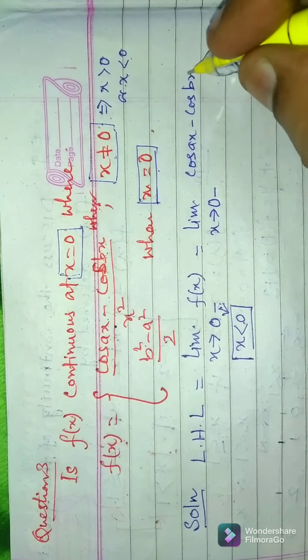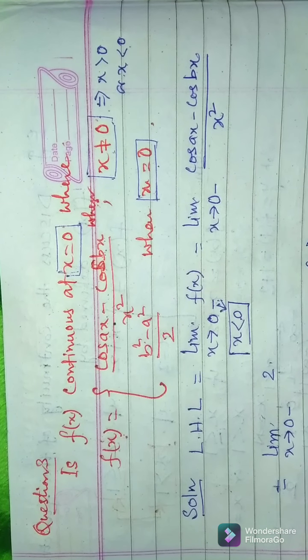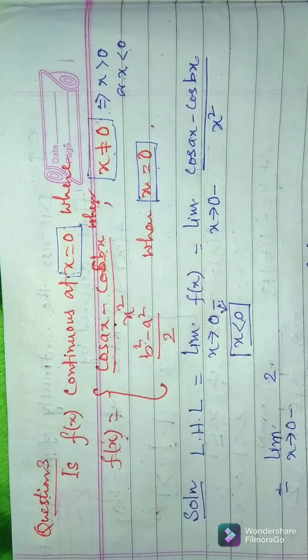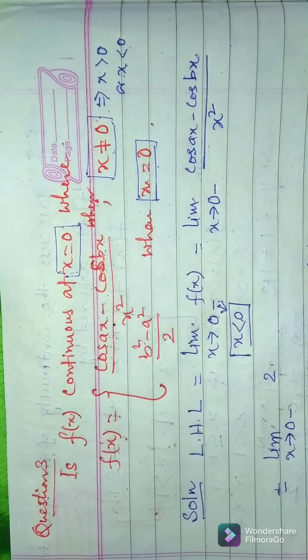As you know, cos c minus cos d is equal to 2 sine (c plus d) by 2 into sine (d minus c) by 2.